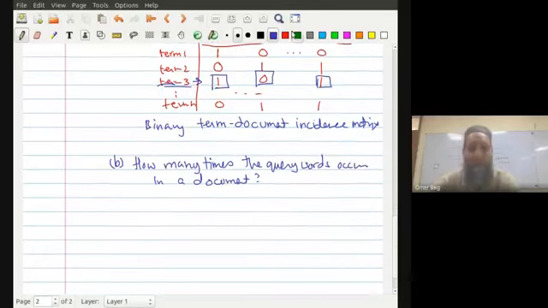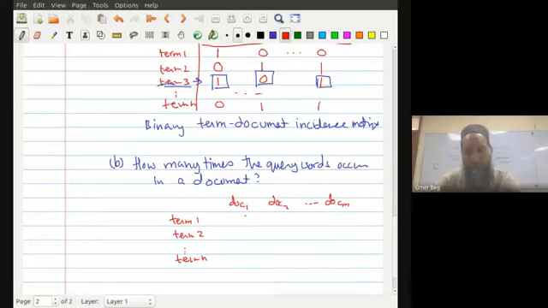See? So you can simply think of it as an extension of the binary term document incidence matrix as a term document count matrix. So you have a similar matrix. You have terms, term 1, term 2, all the way to term n, and you have the documents, document 1, document 2, all the way to document m. And you count. If term 1 occurs 2 times in document 1, it's a 2. It does not appear in document 2, then it's 0.